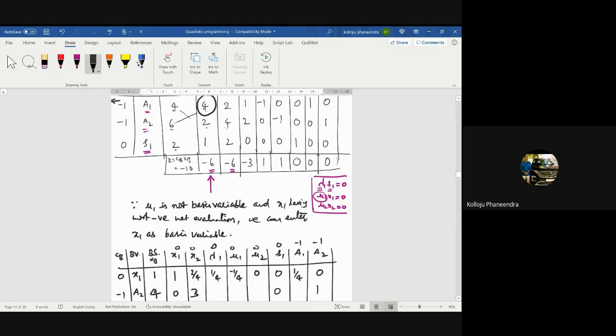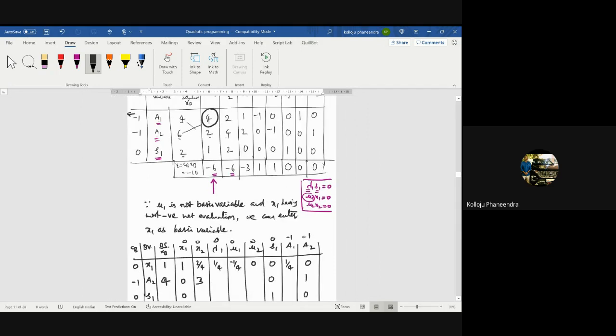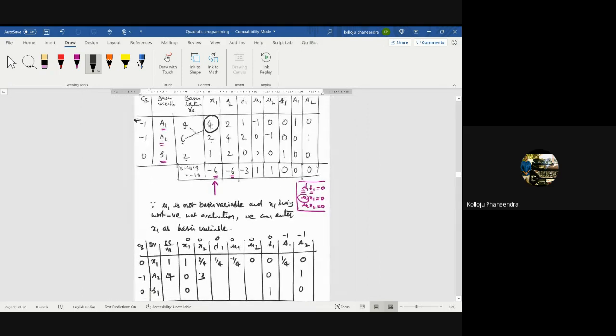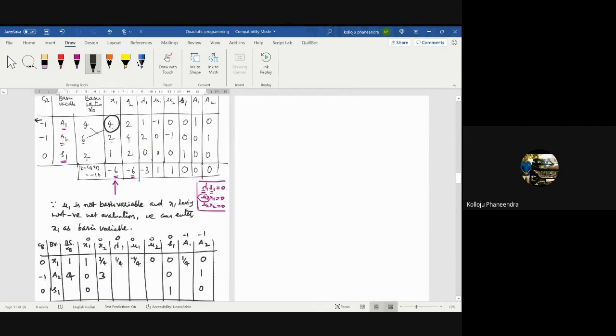Next position, what is this? Lambda 1 position. Now this position, lambda 1 position, 4 into 2 is 8, 8 minus 2 is 6, this is 6 by 4, correct? Right. Next one, mu1, this is 0 and plus 2 by 4.